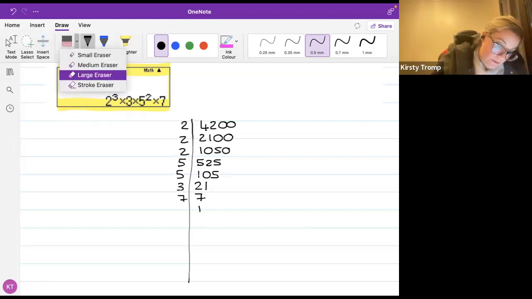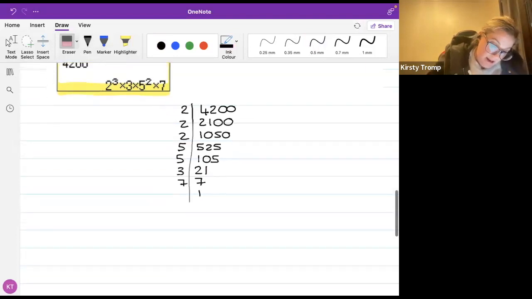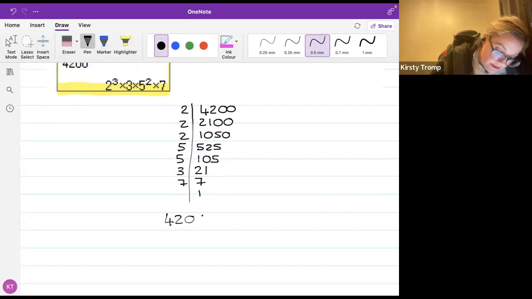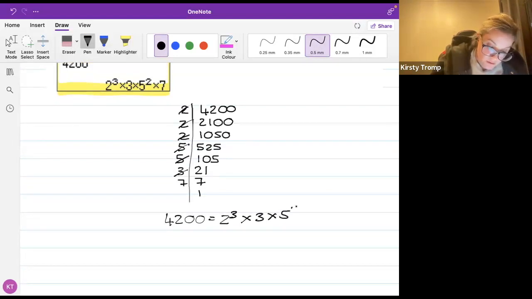So when I write this as a product of factors, I get 4,200 equals 2 to the power of 3 times 3 times 5 to the power of 2 times 7.